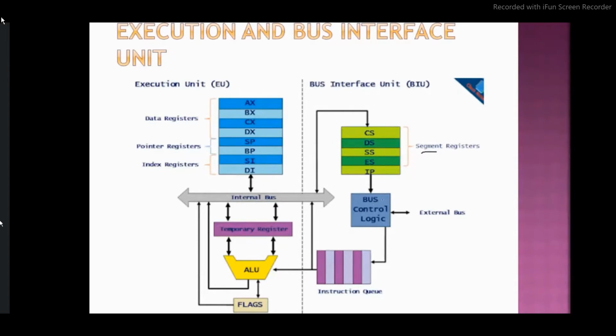Instructions flow from here to the instruction queue, and from the instruction queue they are given to the arithmetic and logic unit. ALU stands for arithmetic and logic unit. It is responsible for carrying out all arithmetic and logical operations.